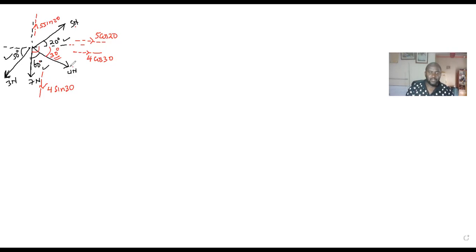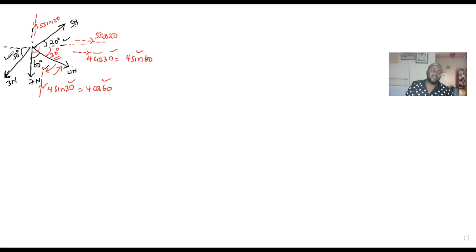In case you had decided to remain with the 60, it would have been 4 sine 60 because you'd have been moving away from the 60 going that way. Whereas if you are going to the vertical, you would compress the 60 to be 4 cos of 60. So these are the same. Those of mathematics know from trigonometry that it is the same.